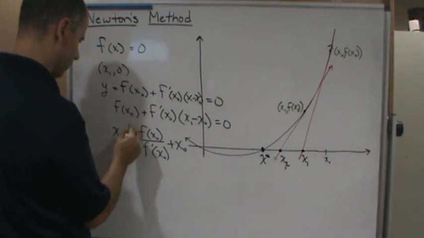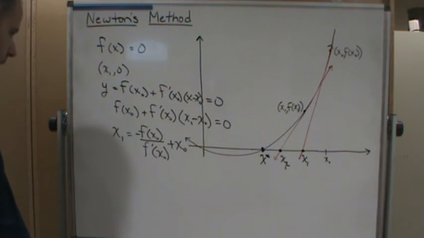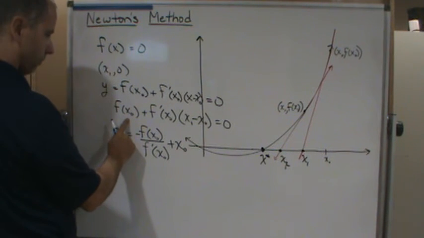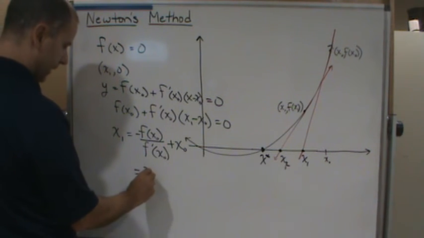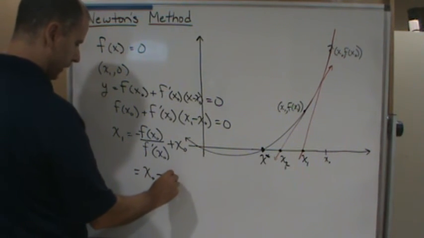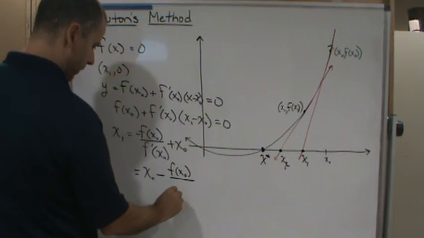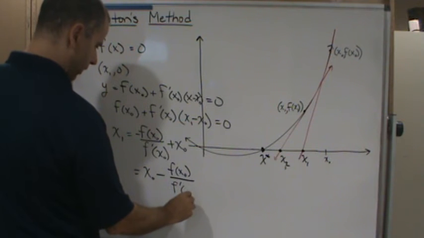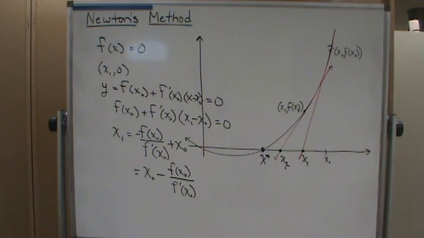Oh no, hold on. Minus. Yeah, so it'd be negative. So we can rewrite this as x0 minus f of x0 divided by the derivative of f at x0. So this becomes our formula for x1.